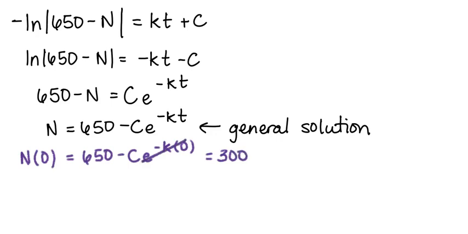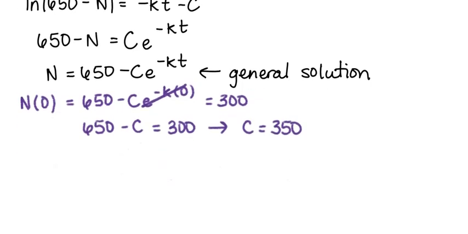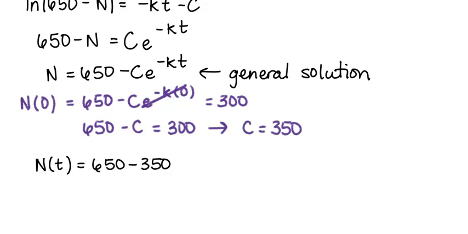Anything to the 0 power is 1, so we'll be able to solve for c. So we now have 650 minus c is equal to 300, which implies that c is equal to 350. So now we know that the equation is n of t is 650 minus 350 e to the negative kt.